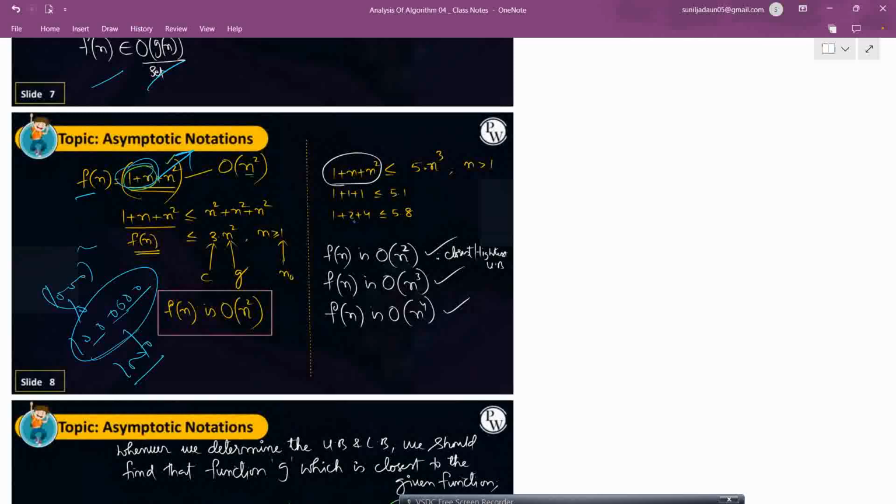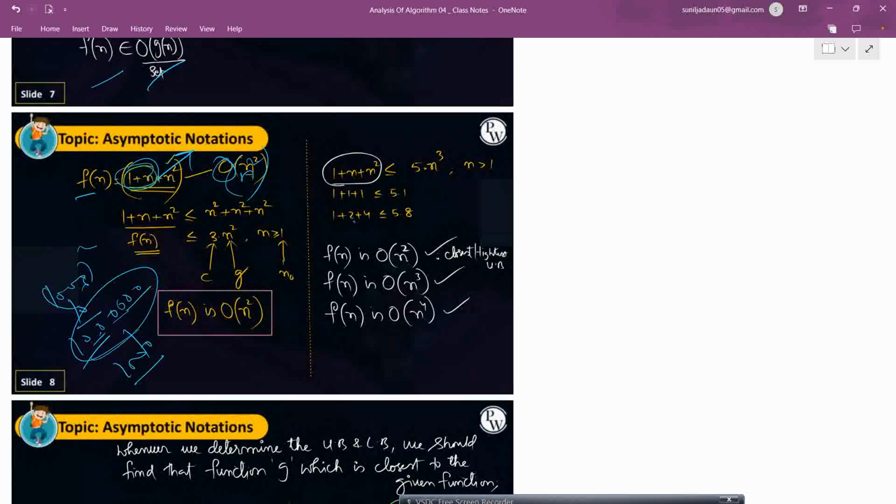So we will say that it is big O of n squared.